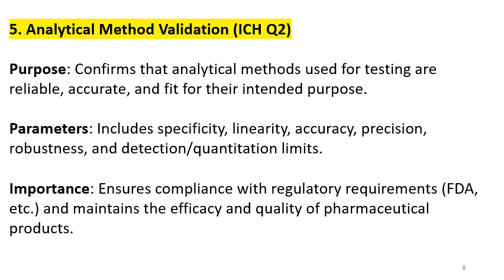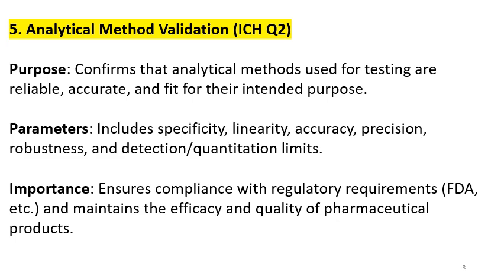Fifth is analytical method validation, and the guideline related to this is ICH Q2. The purpose of analytical method validation, that is AMV, is to confirm that analytical methods used for testing are reliable, accurate, and fit for their intended purpose. Parameters include specificity, linearity, accuracy, precision, robustness, and detection or quantitation limits.